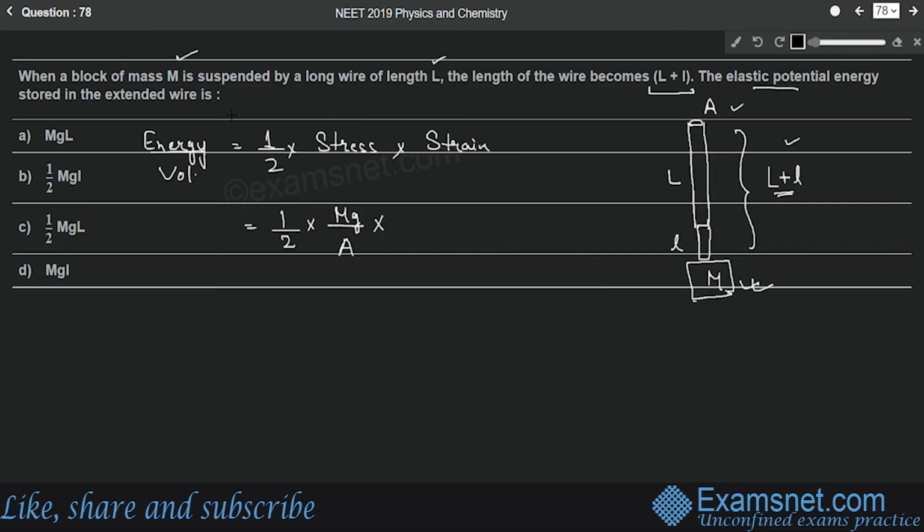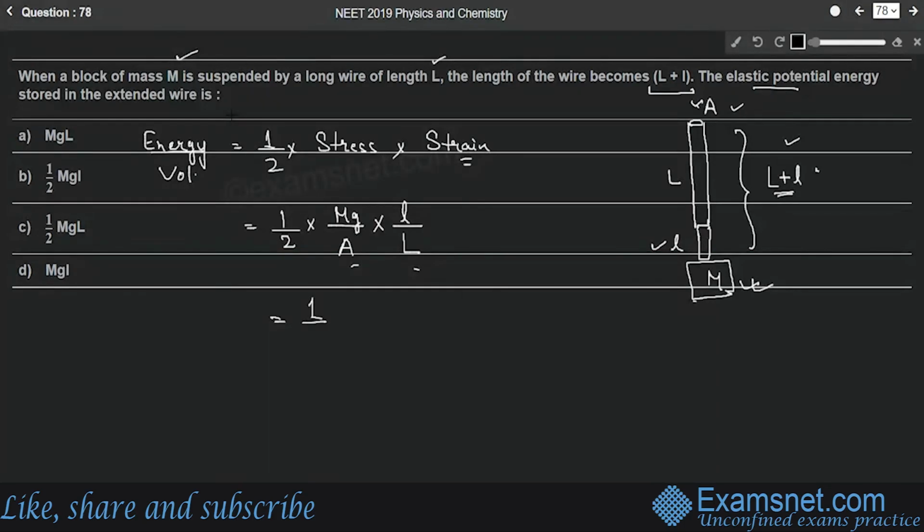What is strain? Strain is the change in length per unit original length. That means small l, this is the change in length, and the original length was capital L. So this is the energy per unit volume. Now we know that area into length, this is area and this is length, so area into length will be what? Volume.